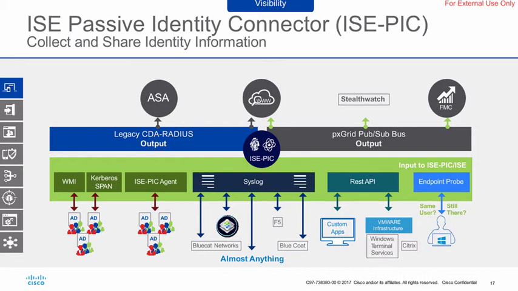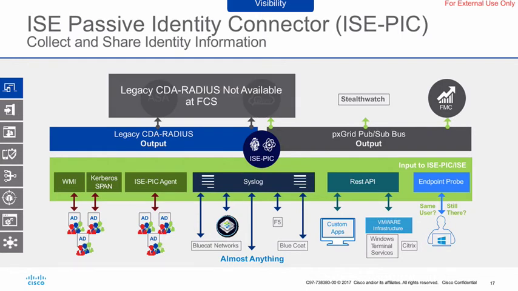There's this concept of active authentication versus passive authentication, which I'll talk about later on. But ICE PIC passively learns, using a number of different probes, information about users on the network, and then can share that information using pxGrid to allow other network services such as StealthWatch and FMC to make a decision on that identity information based upon its behavior.